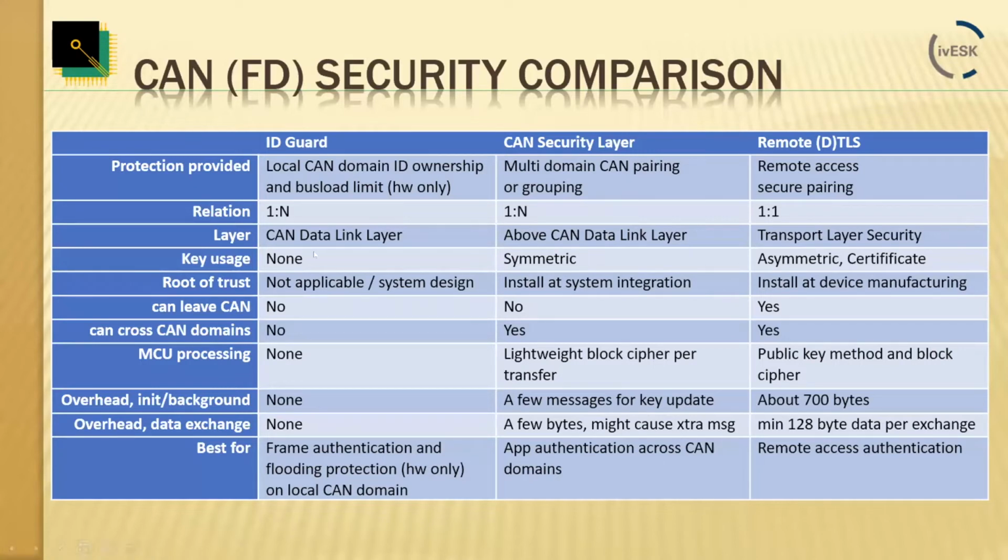When it comes to keys, then we already said ID guarding has none. CAN security layer has a symmetric key, and the remote DTLS has asymmetric keys, certificates, public cryptography systems. So all the bells and whistles of modern cryptology is in here, whereas the CAN security layer is somewhat limited in the way that these symmetric keys at some point need to be initially installed, right?